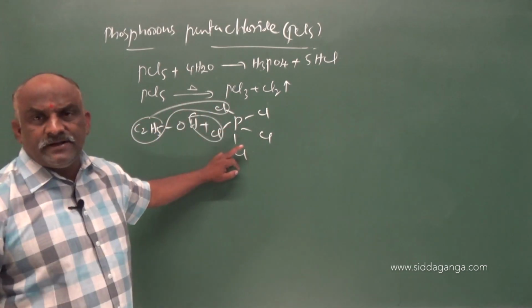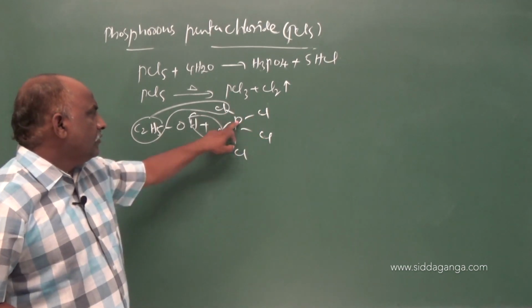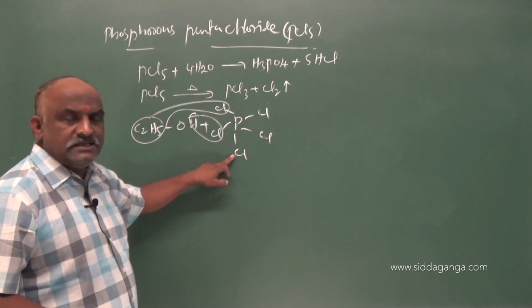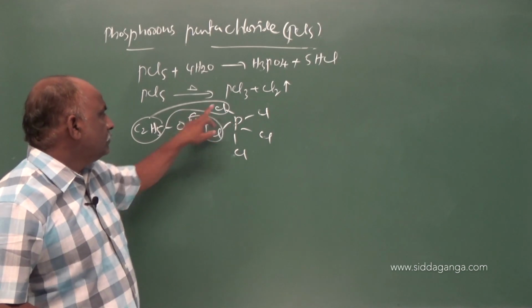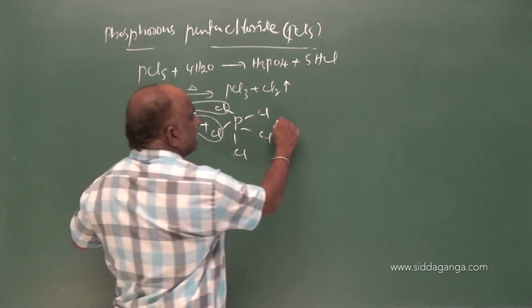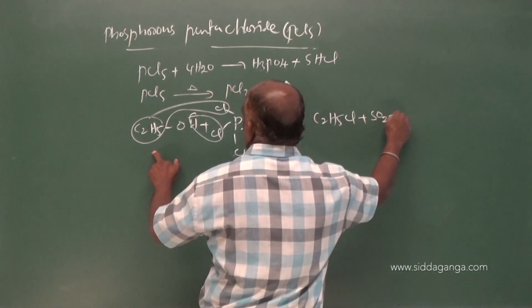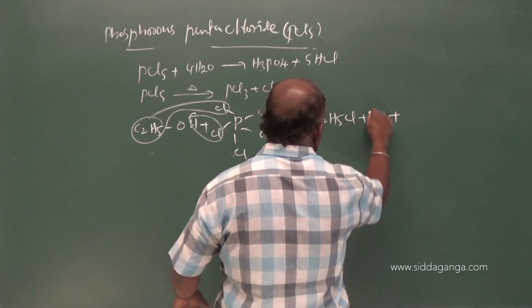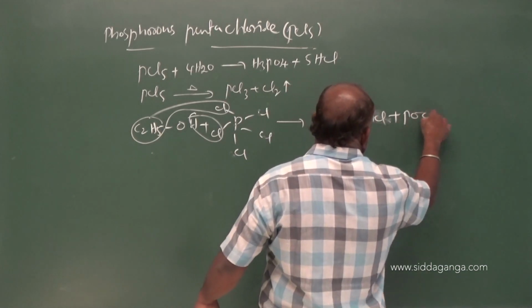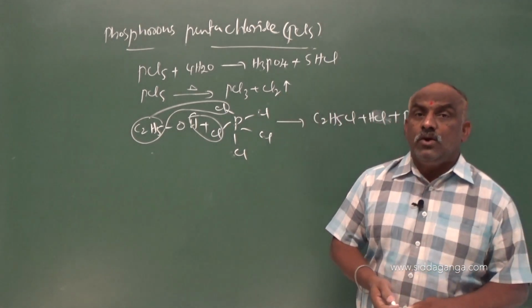So what will be left, my dear students, here? POCl3. See this reaction. POCl3 will be the final compound. So the answer will be C2H5Cl plus HCl plus POCl3, phosphorus oxychloride or phosphoryl chloride.